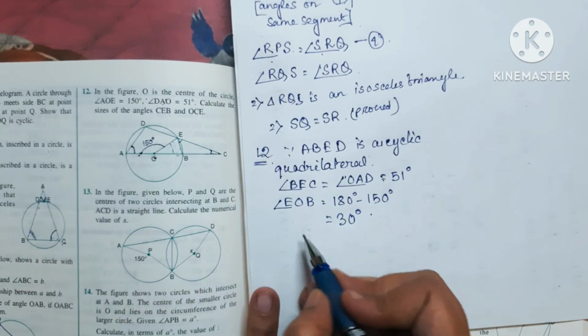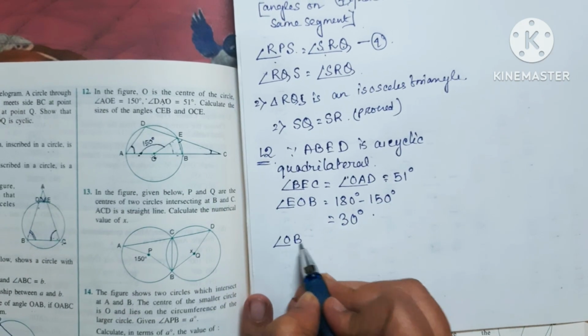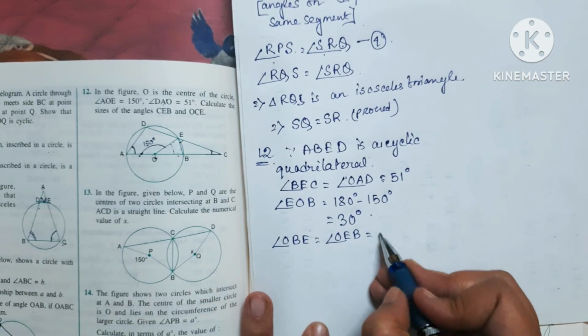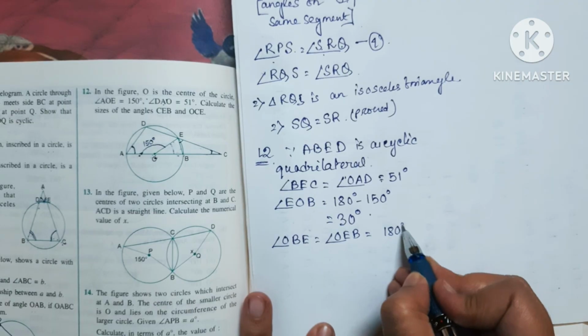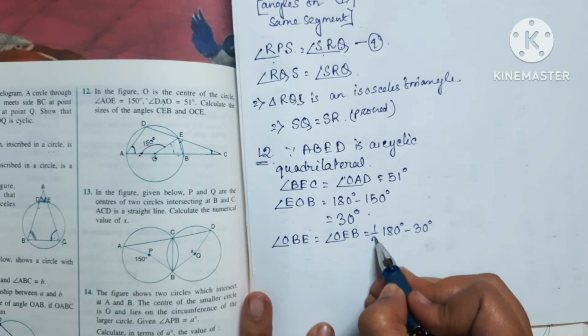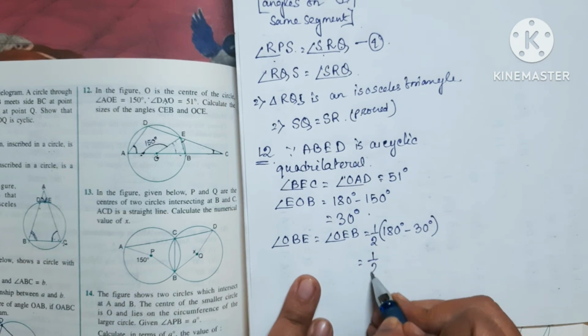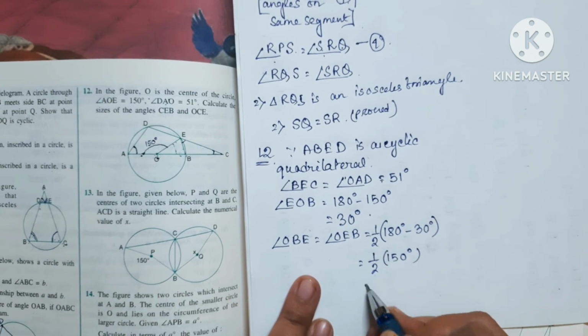So what you need to do? Angle OBE is equal to angle OEB, which is equal to (180 minus 30) divided by 2. 180 minus 30 means 150, so 1 by 2 into 150 is 75 degrees.